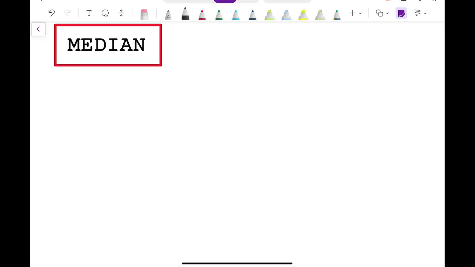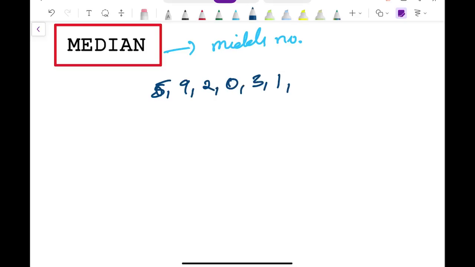Median. When we talk about median, let me take an example. Median simply means the middle number. Remember it. Median means the middle number. Take this data: 5, 9, 2, 0, 3, 1, 8. Whenever you are finding the median, the first thing you need to do is arrange the numbers in ascending order, that means from the smallest to the greatest.